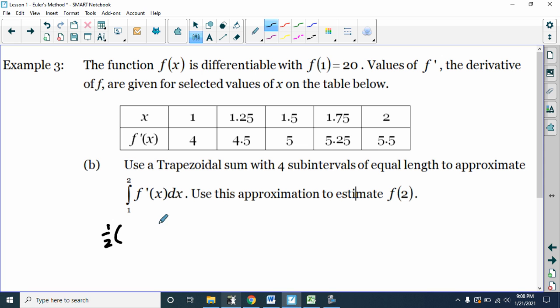My bases are 4 and 4.5 times the height. The height from 1 to 1.25 is 1/4. On this interval, my bases are 4.5 and 5, and my height is 0.25, and so on.